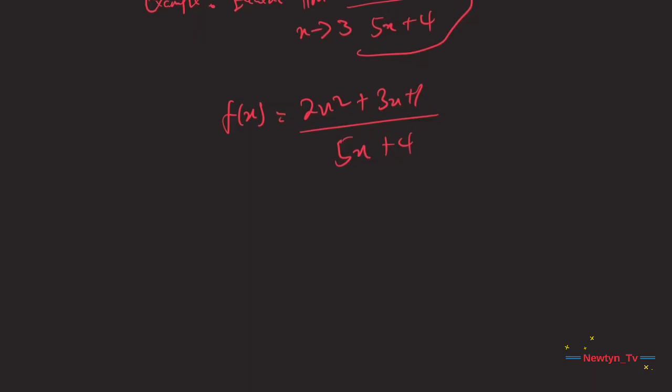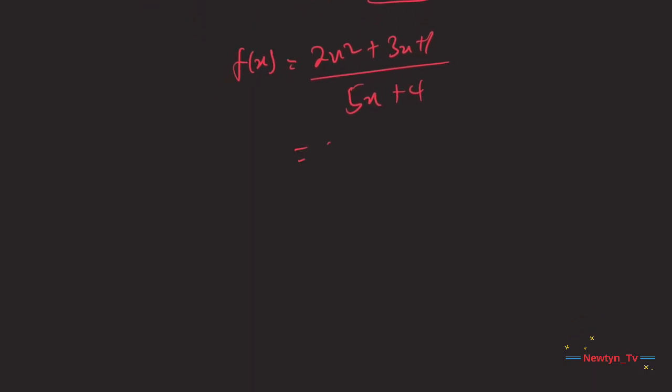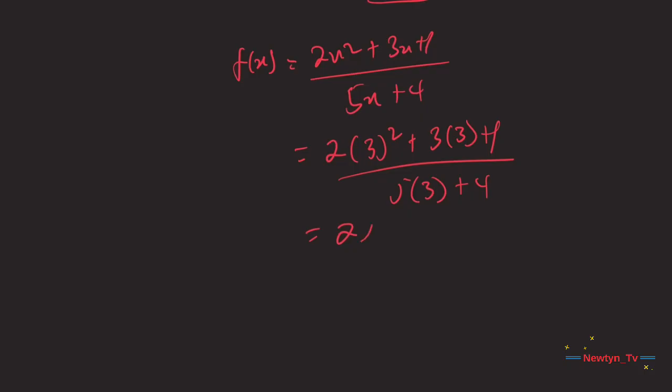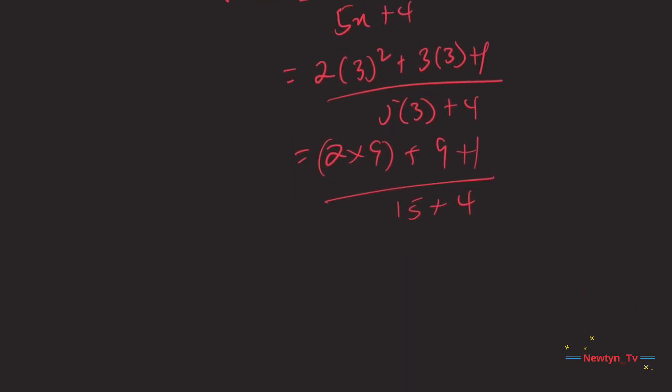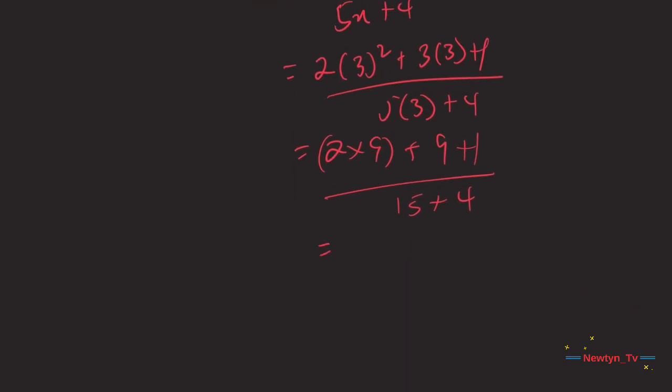So we have 2 times 3 squared minus 3 times 3 plus 1 over 5 times 3 plus 4. This gives 2 times 9 minus 9 plus 1 over 15 plus 4. Further simplifying, 18 minus 9 plus 1 is 10, and 15 plus 4 is 19. So we have 10 over 19.